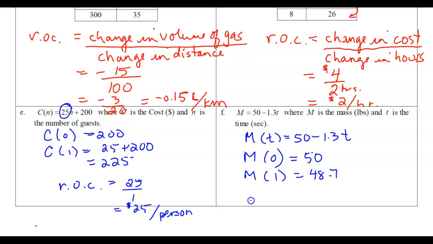And so you can tell the rate of change is the difference, which is negative 1.3 over 1, which is negative 1.3. Now, what units is this? Mass is in pounds, per second. Okay. All right.